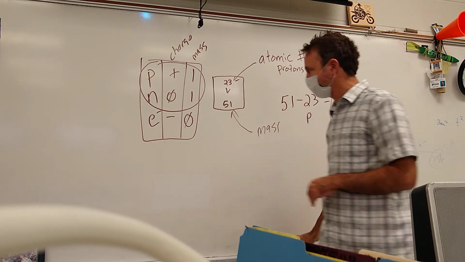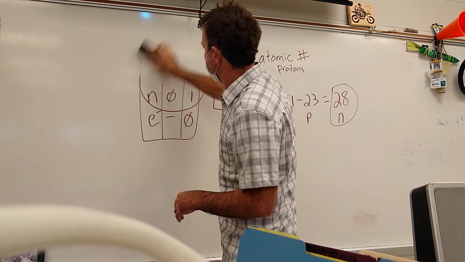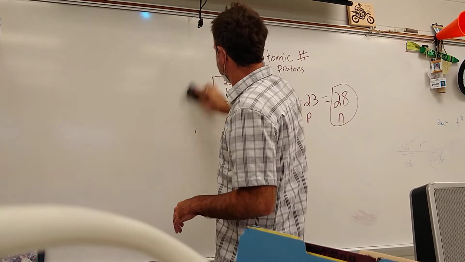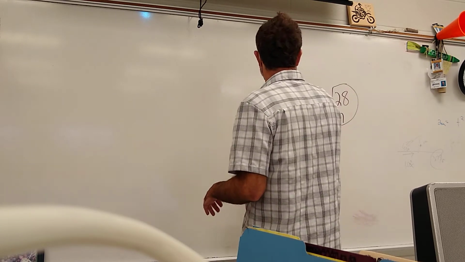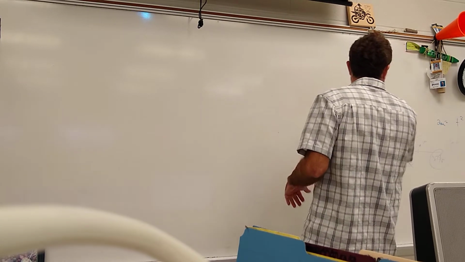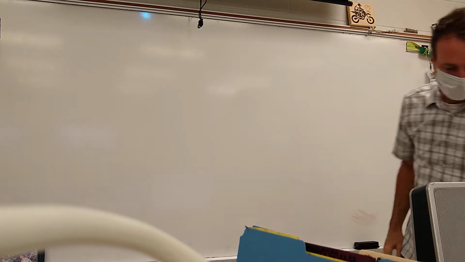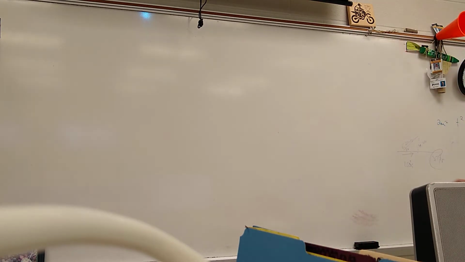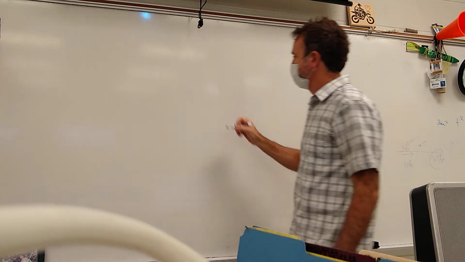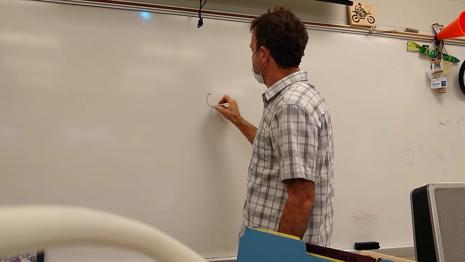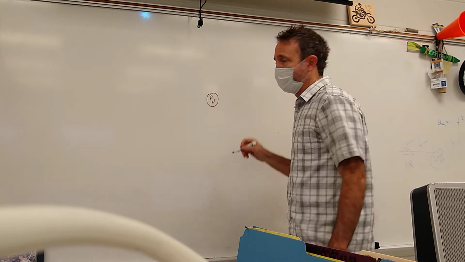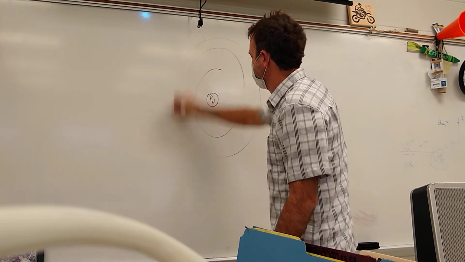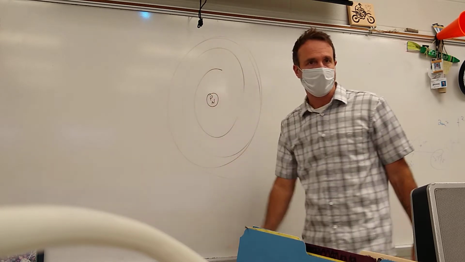The last thing I want to say before I go any further is, if we look at the atom, in the middle there's a nucleus that has protons and neutrons in it. Flying around out here are electrons.